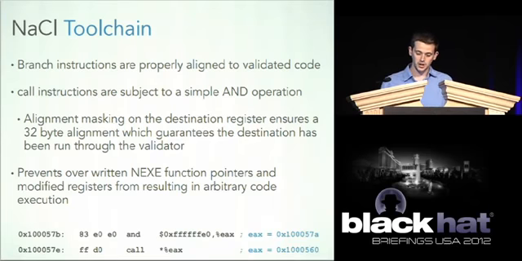It could be anything. In this case, it's 10057A hex. We're going to do a logical AND there and just make sure that it's 32-byte aligned by using this constant. So no matter what value is in EAX at runtime, we know that it's 32-byte aligned. And we know that this module wouldn't even be running right now if we hadn't validated all the code that started at 32-byte aligned chunks.